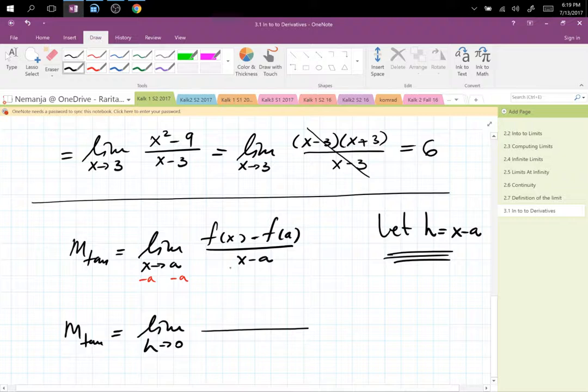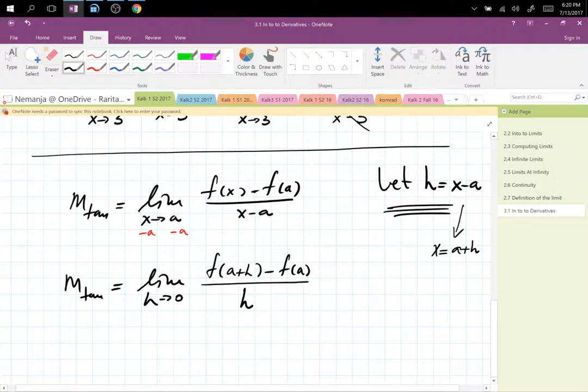The x minus a in the denominator becomes h, because that's what h is. And in the numerator, we solve for x: x is equal to a plus h. So we have f of a plus h minus f of a. Nothing we can do about that one.